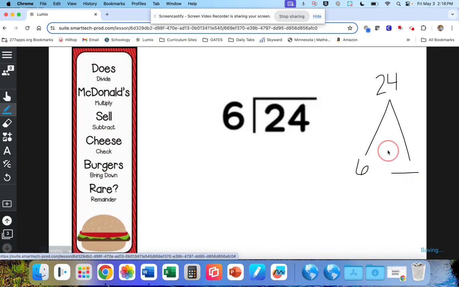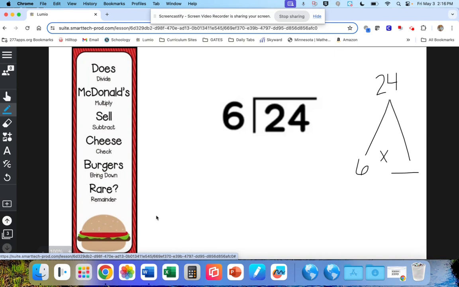We can think of this as a multiplication problem. 6 times something gets us to 24. So division is just working through multiplication backwards. So that's one way of looking at it.